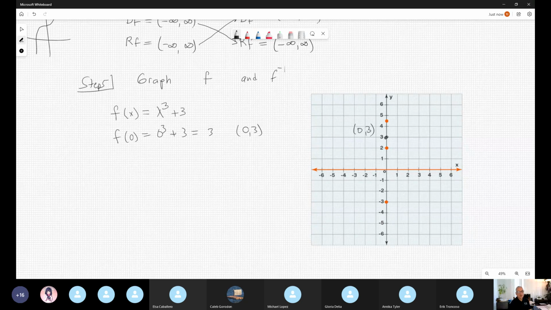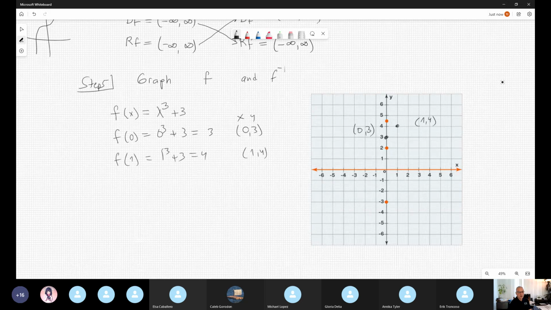This is the x value, and this is the y value. I need 2 more points. Suppose I take 1. Try to take arbitrary easy, no 100, no 50. 1 is good. Then 1 cubed plus 3 is 4. And the point is 1,4.